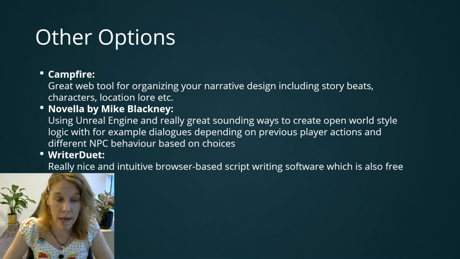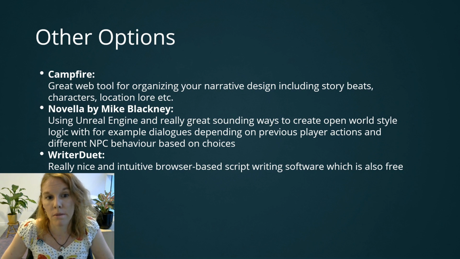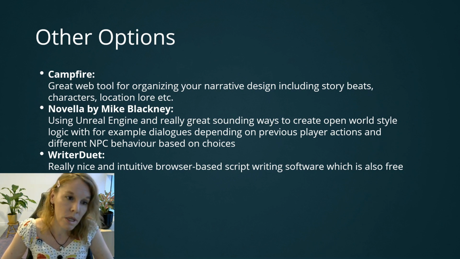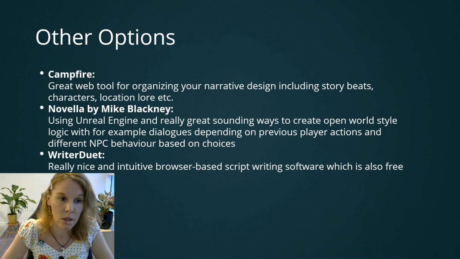So we have Campfire as the first tool. This is a web-based narrative design tool, I think also originally meant for screenwriters, but it's a really neat way of organizing your stories, including story beats, relationships, and locations. It's a very friendly looking tool, and it's nice.